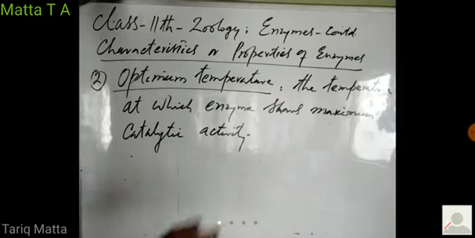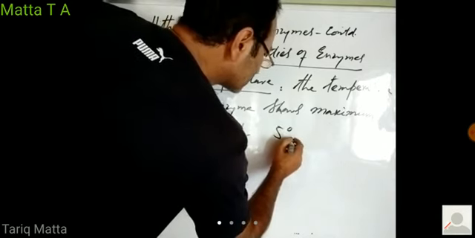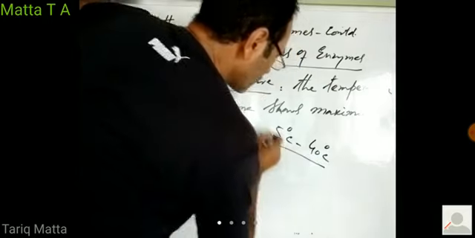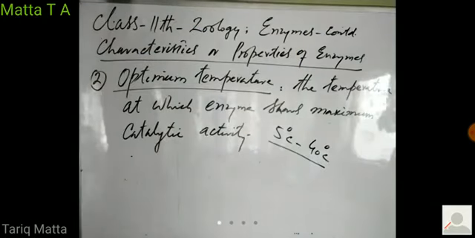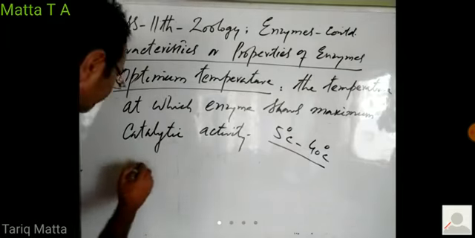For most enzymes, the optimum temperature ranges between 5 degrees Celsius and 40 degrees Celsius. Usually, the optimum temperature of the enzyme corresponds with the optimum body temperature of the organism.